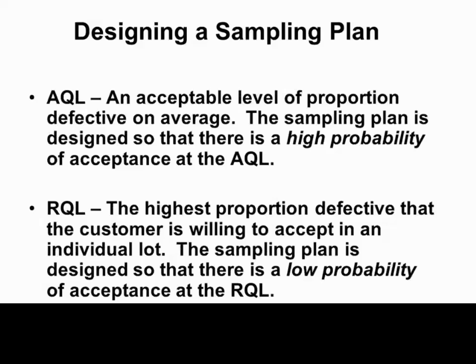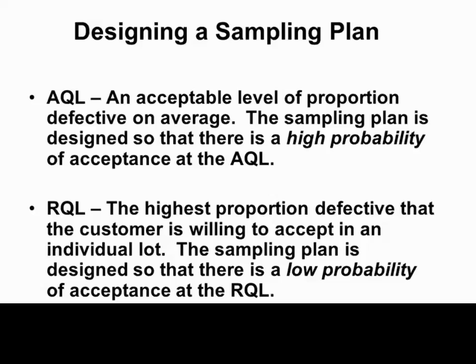Obviously, we're not talking about defects that could cause injuries or deaths. We're talking about more cosmetic defects, or defects that may cause the product to stop but are not safety critical. So it's a quality level where we expect a high probability of accepting the lot, something like a 90 or 95% chance it will accept.